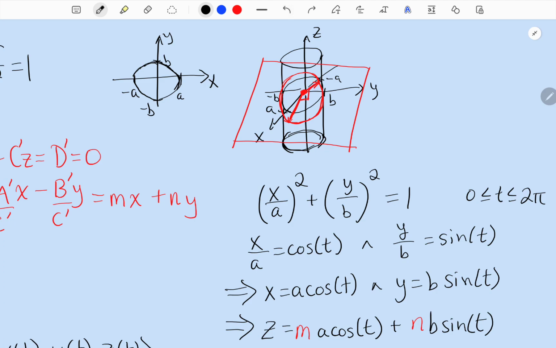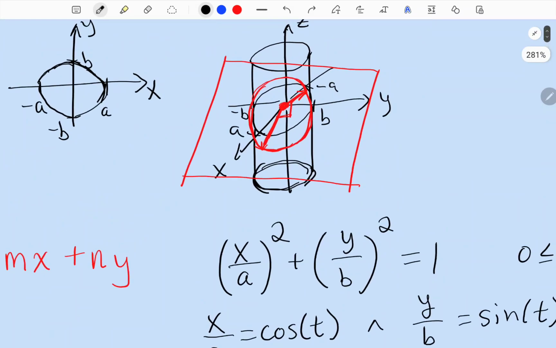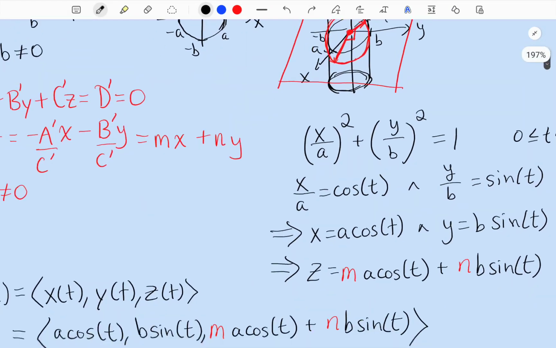But because these two vectors essentially form the radius of the circle, okay?